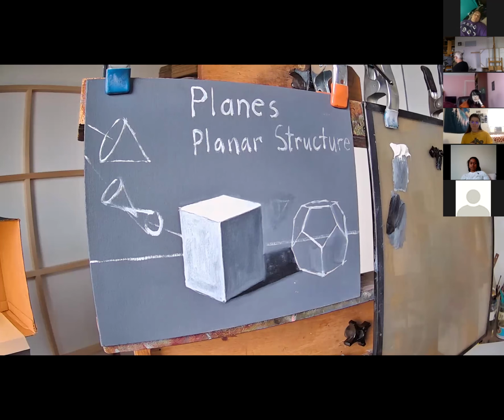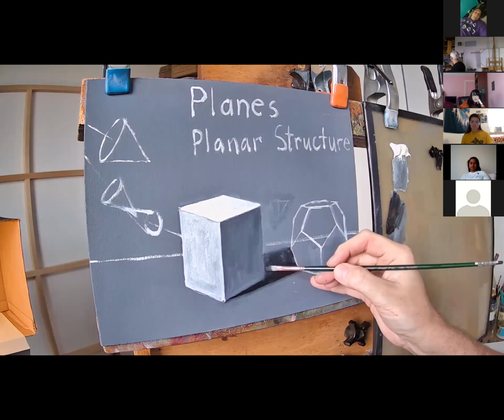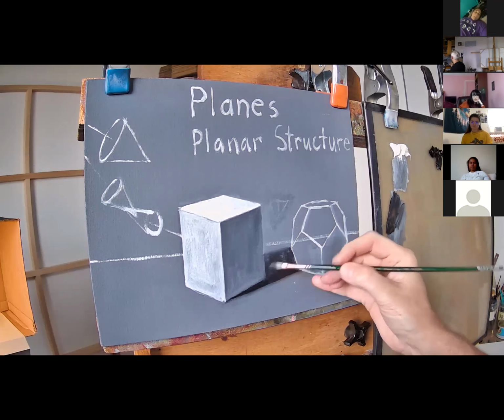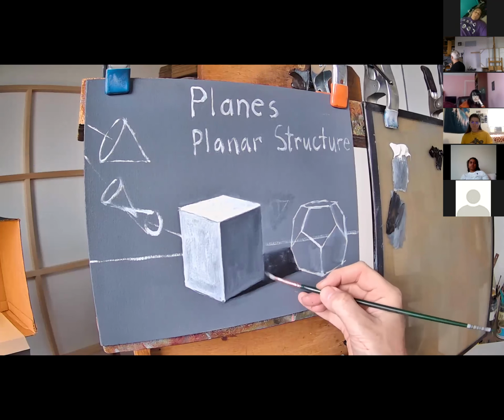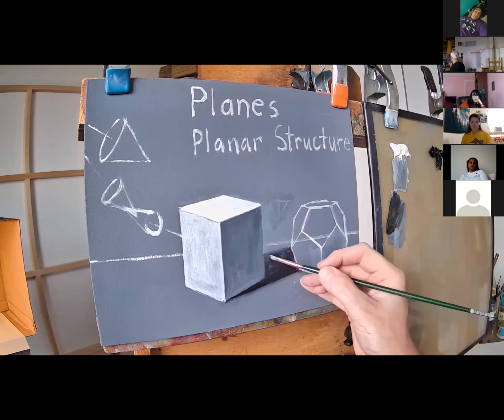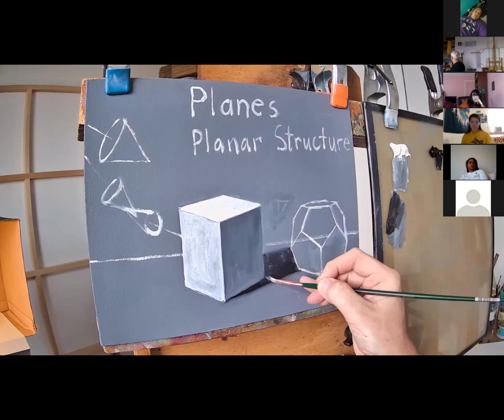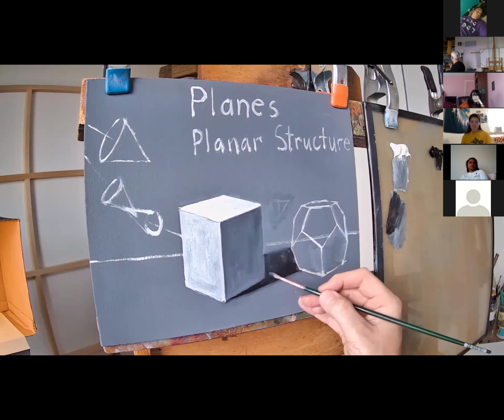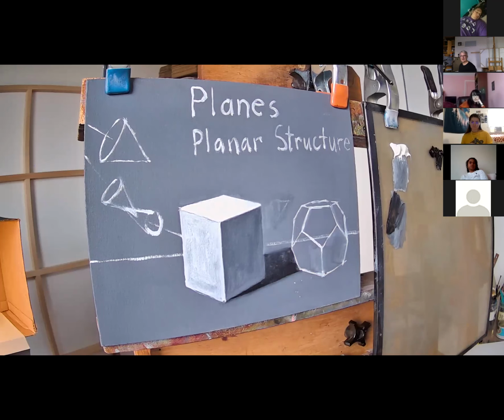So now with some of the basic principles we've learned so far: value relationships, degrees of lightness and darkness, the simple concept of how objects respond to a light source. Now we add in planar thinking.